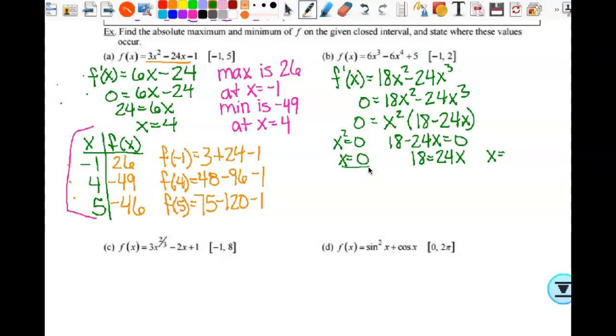You get x equals 0 and x equals what? 3/4.